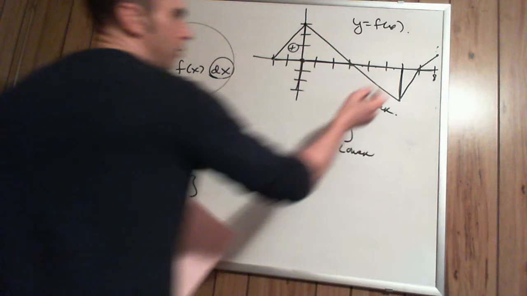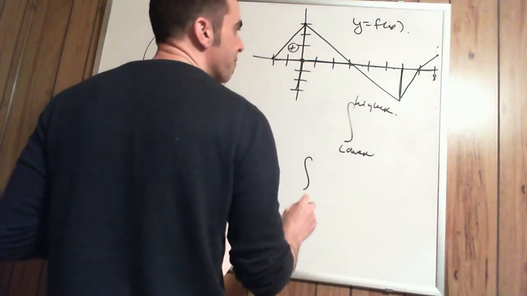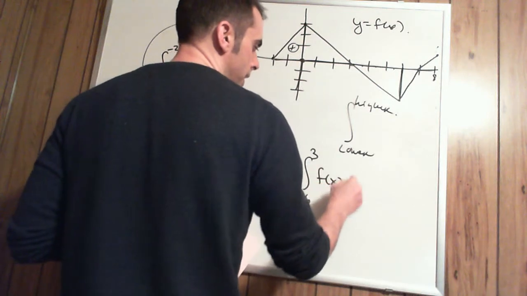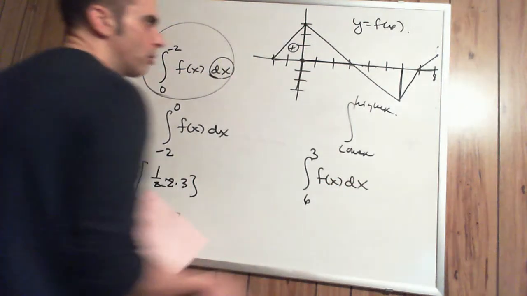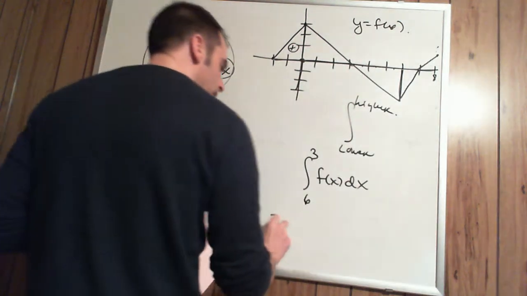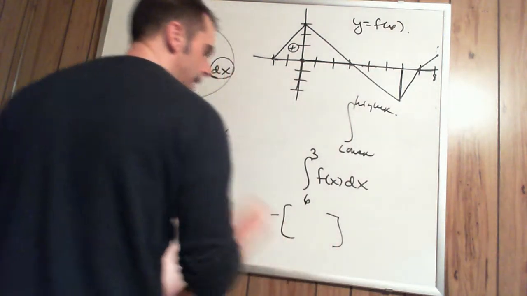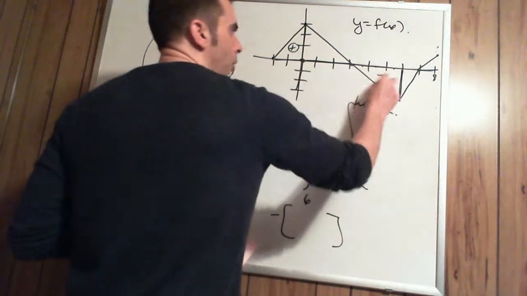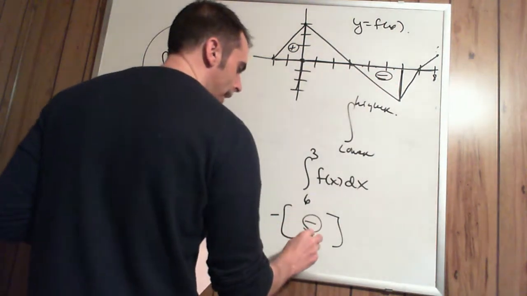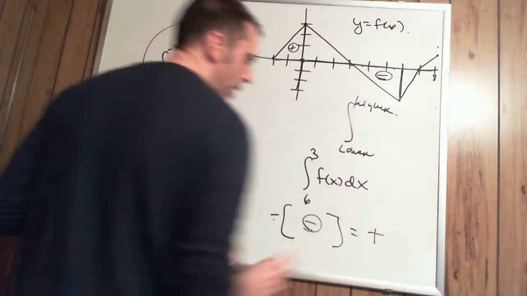Now over here, if we were to integrate, say, from 6 to 3 of f of x dx, well, because we're integrating from a higher to a lower number, that answer would be assigned a negative. But because we're below the x-axis, that area is already negative, so a negative times a negative would be a positive.